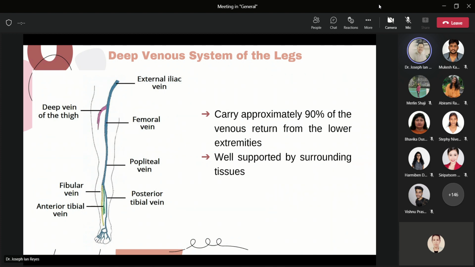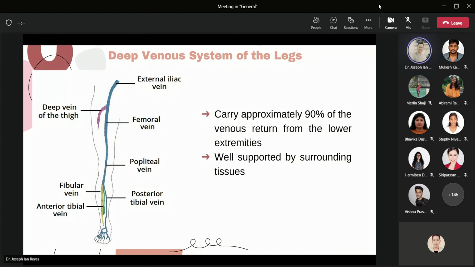Those are the deep venous systems of the leg, which we cannot really examine because of their location. But it's helpful to know that most of the blood will be there, and for the superficial, at least we can know if they are patent or still functioning when we do examination.